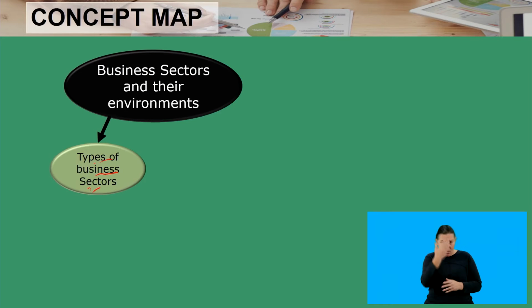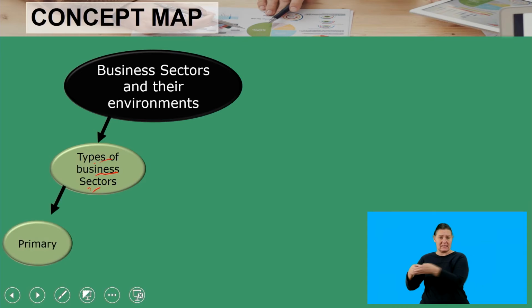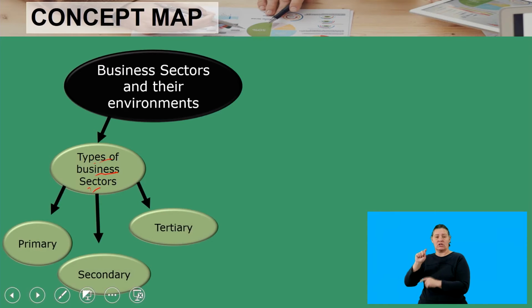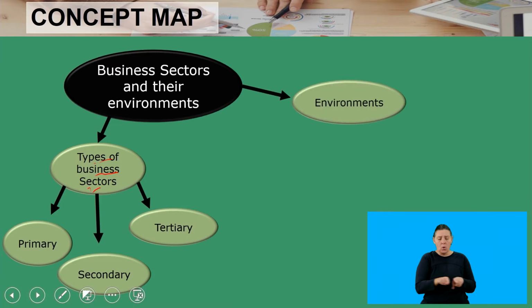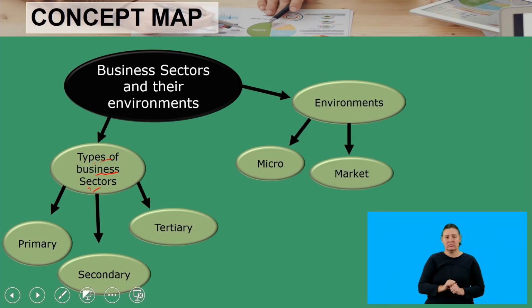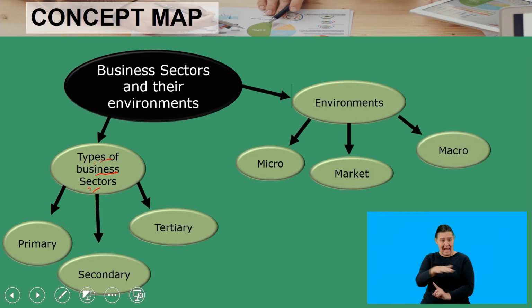You should know that we have three types of sectors, which are the primary, secondary, and tertiary sectors. We will also look into business environments, and we will be addressing three environments. The first one is the micro environment, and we'll also look into the market environment together with the macro environment.